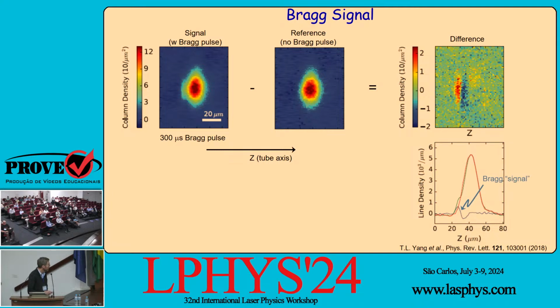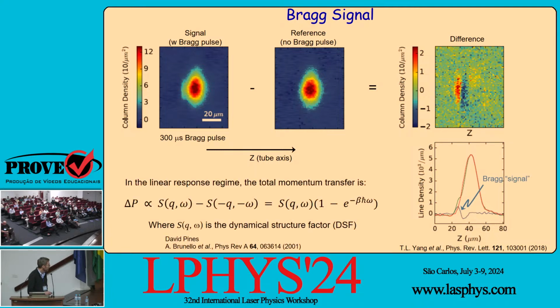If you look at the image directly, this is a trough, and this is the excitation. So by doing a one-dimensional line integral, you can map out that Bragg signal as this little dispersion curve.